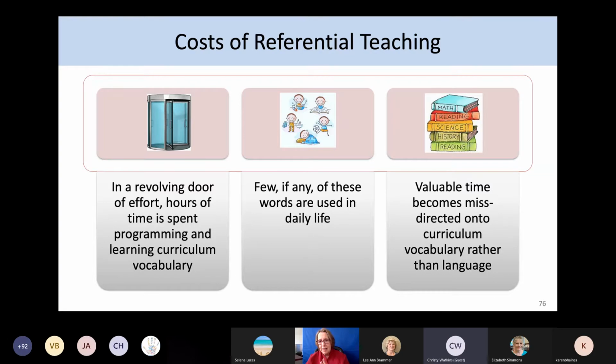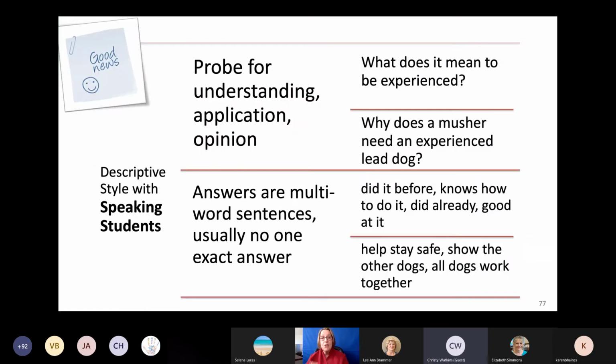With all that time being misdirected into vocabulary that was specific to lessons, rather than doing what I needed to do as a speech pathologist, promoting language and helping the teacher promote the language production and true participation of their student. So the good news is switching over to descriptive teaching solves 90% of these issues.